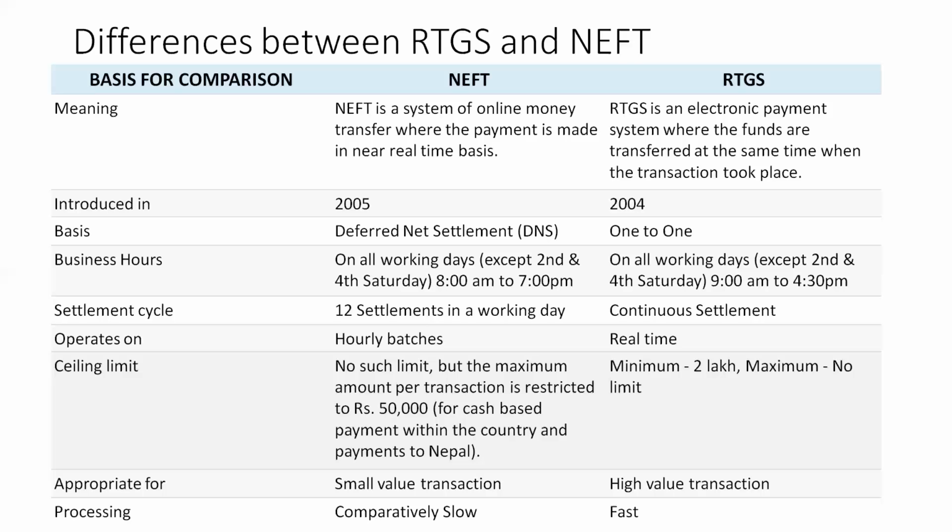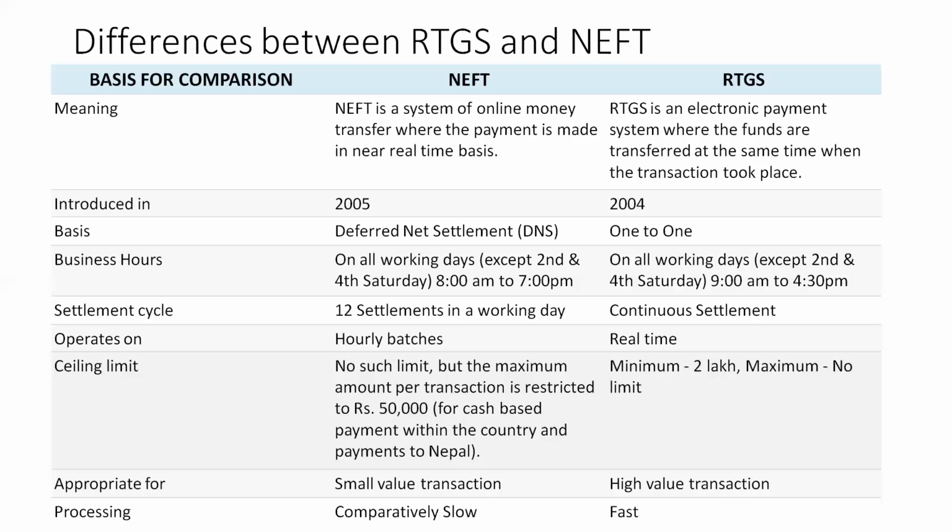In case of RTGS, the minimum is 2 lakh, maximum no limit. So if you want to transfer money through RTGS, it should be a minimum of 2 lakhs. There is no maximum limit. RTGS is appropriate for high value transactions, whereas NEFT is for small volume transactions.